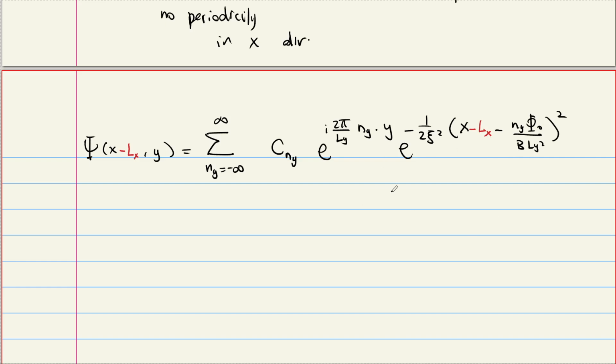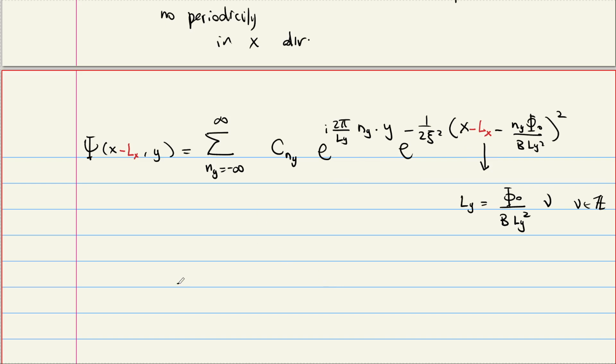So let me do this. So this thing, right, what do I have here? I have ny times phi naught over B Ly squared. If this Lx is equal to phi naught over B Ly squared times another integer, let me call this mu, and mu is an integer, I can combine mu and ny, and I can relabel this summation and see if I have periodicity.